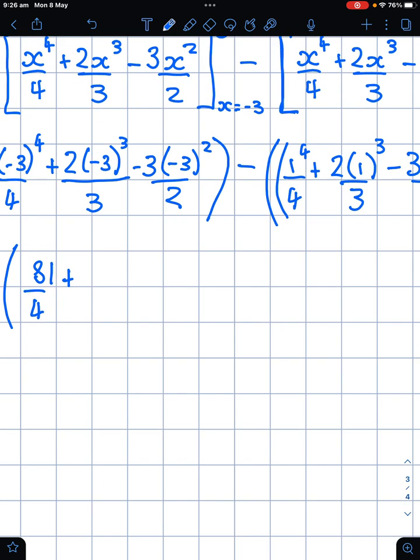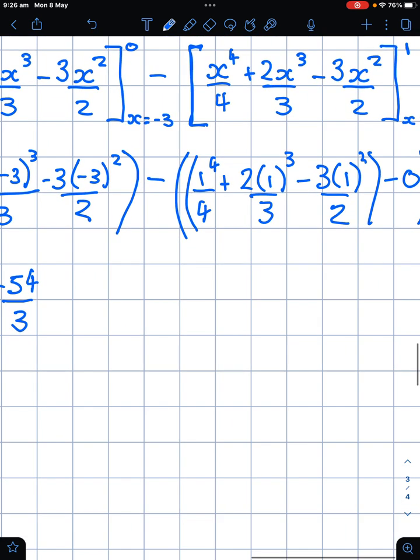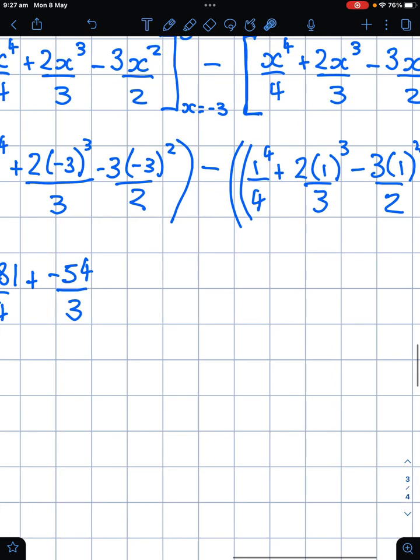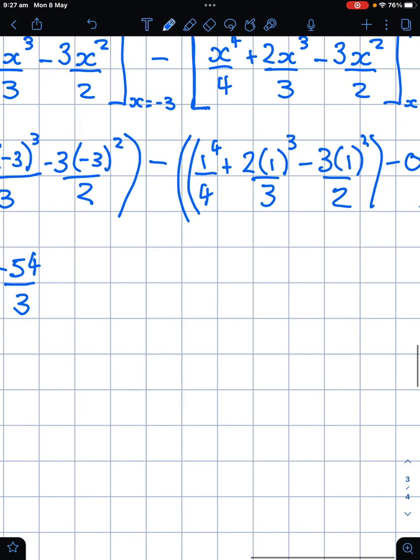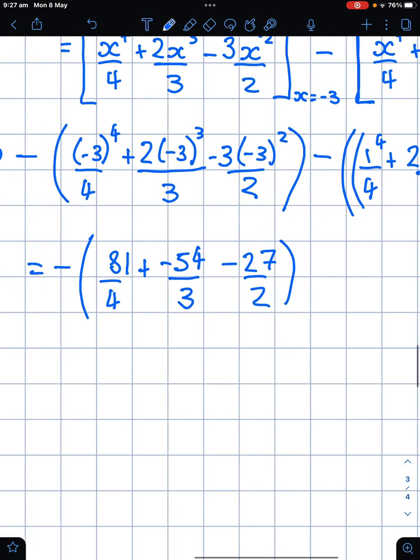Okay, so the next one here is going to be negative 27 times 2, which is going to give us negative 54 on 3. 54 divided by 3 becomes 18, so that's going to be nice. And then this next one here is going to be 9 times negative 3, which is going to give us negative 27. Negative 27 on 2. So I'm going to close that up now.